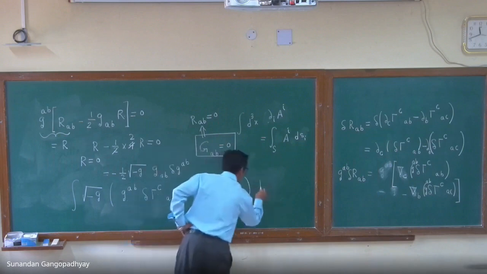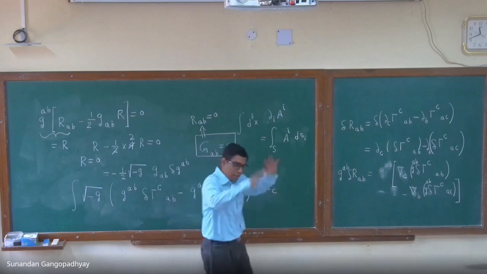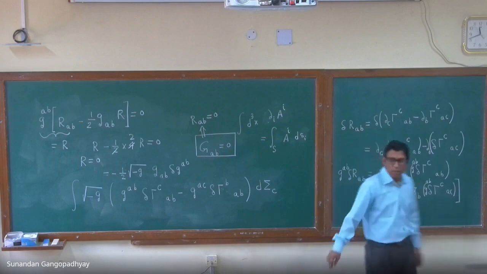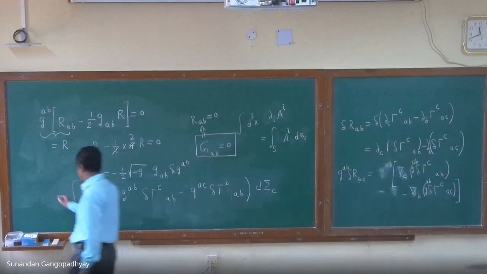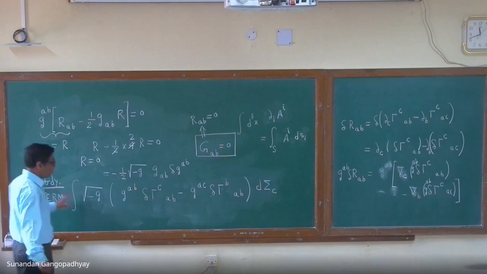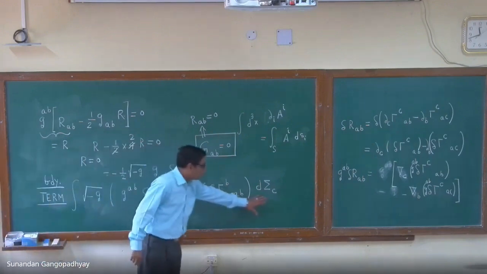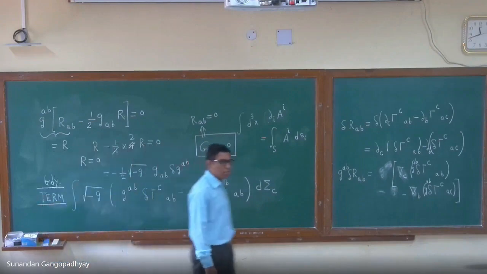As I mentioned, this is the three-surface which encloses the four-volume. So we had applied the four-dimensional Gauss divergence theorem. This was the boundary term. In order to get the field equations of GR, we had to impose the condition that the variation of the Christoffel connection has to be zero on the boundary.